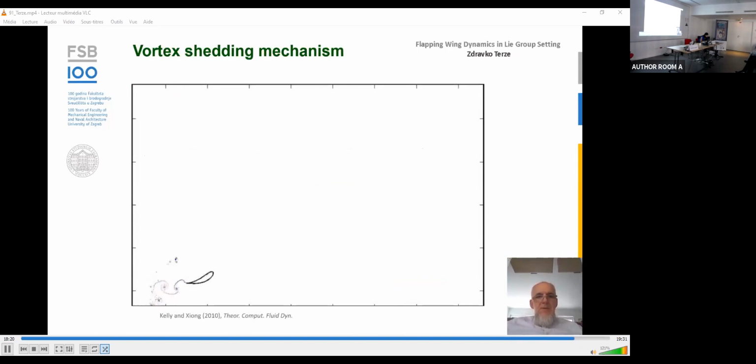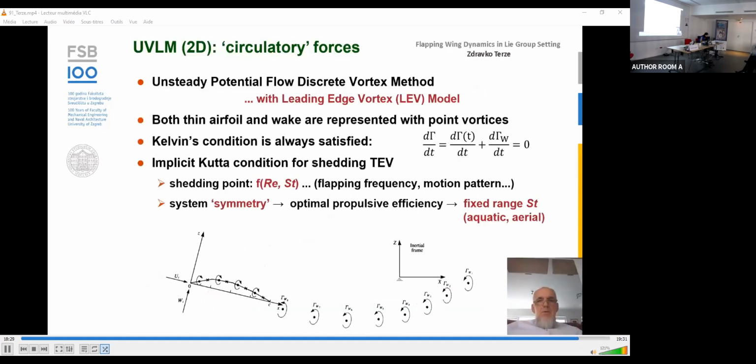Here we see the vortex shedding mechanism from a body moving in a fluid. In order to calculate circulatory forces, in our approach we adopt the unsteady potential flow discrete vortex method. Since leading edge vortices are very important for flapping wing dynamics, we also incorporate a shedding mechanism for leading edge vortices.